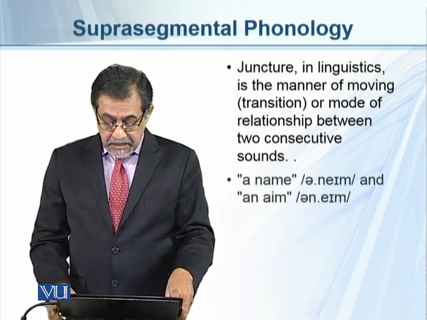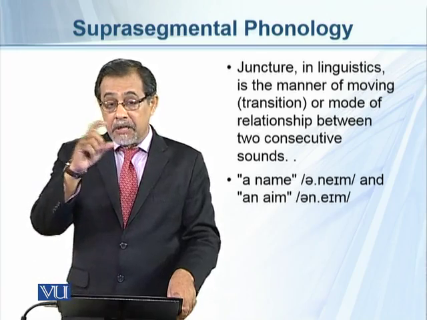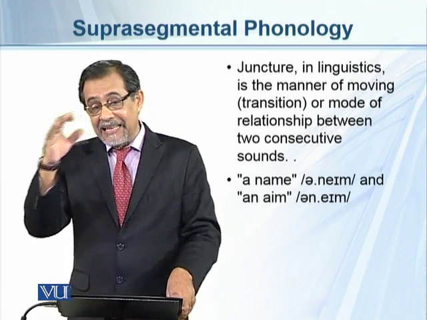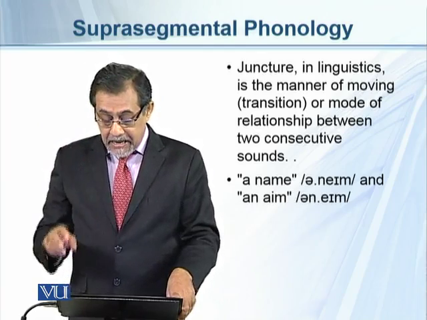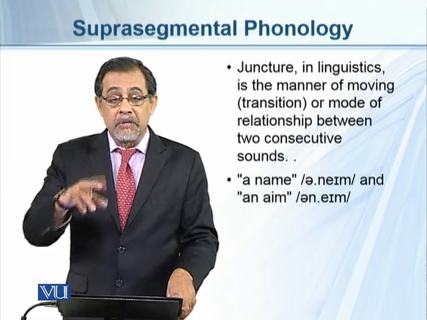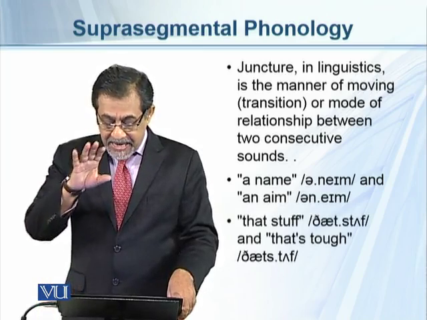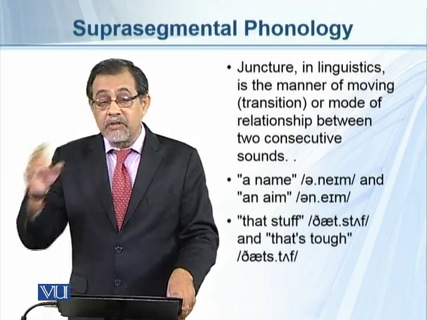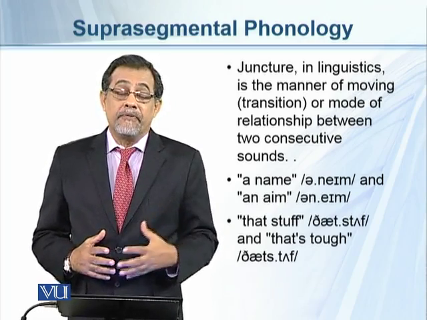For example, a name. If we do not take care of the boundaries of a and name, it may become an aim. So a name can become an aim. Similarly, that stuff and that's tuff. So we have to take care of the boundaries of the word.